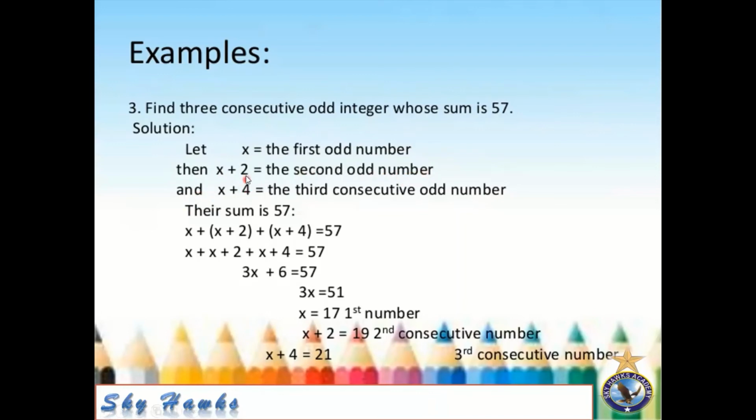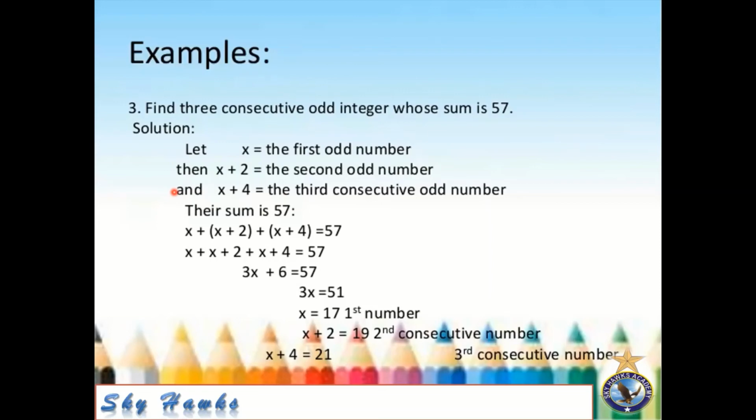Why are we adding 2 and 4? In the last problem, we were adding only 1. To get the odd number, we will have to add 2 more every time.